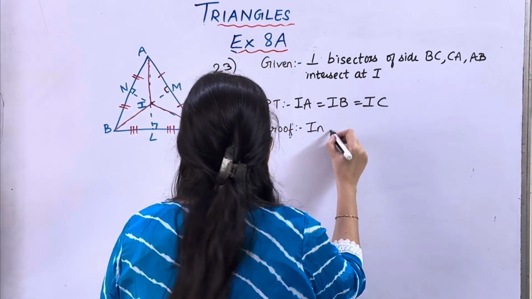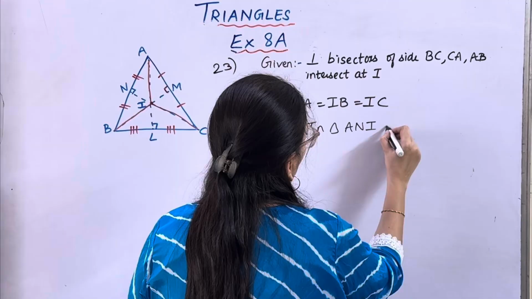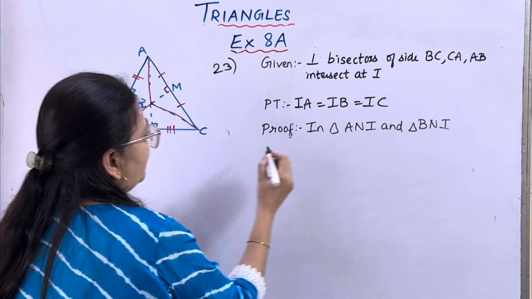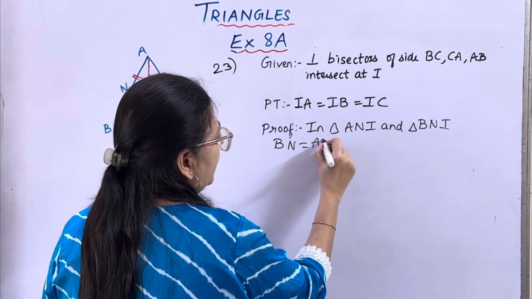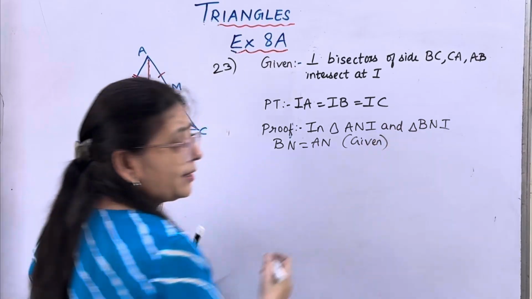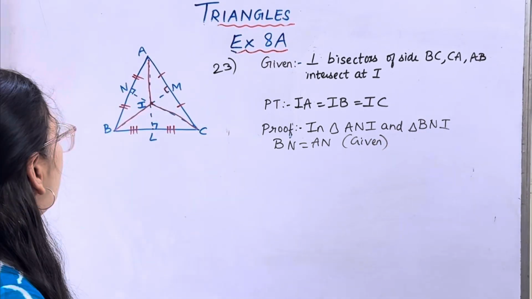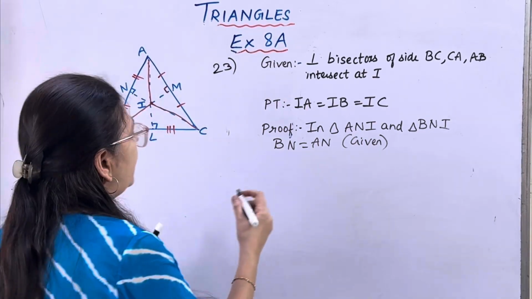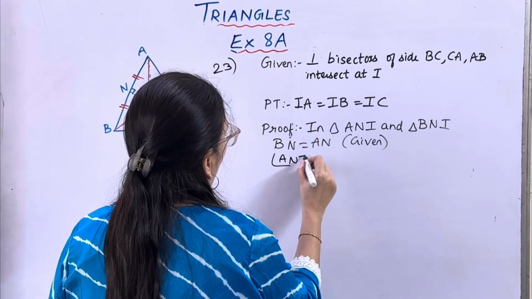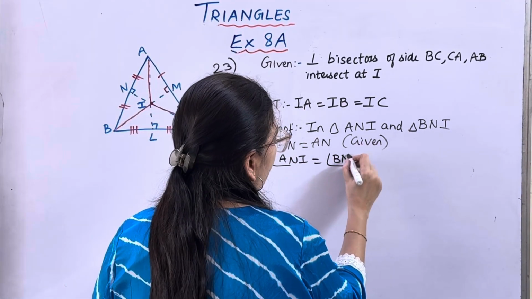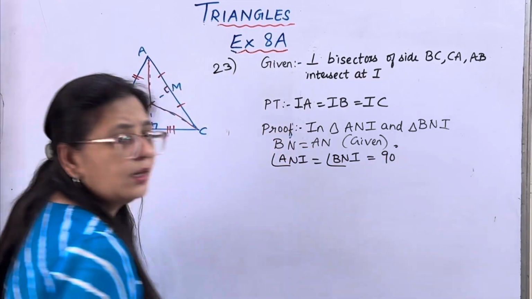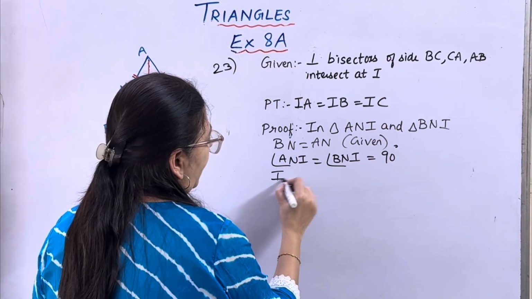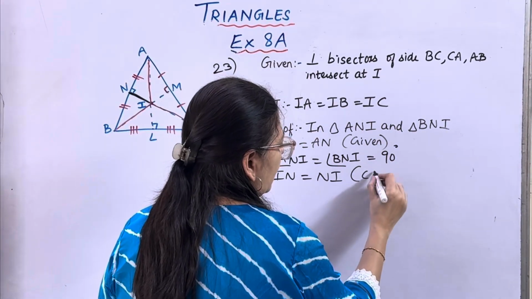So in triangle ANI and triangle BNI, first what is given? BN is equal to AN. It is given in the question since it is a perpendicular bisector. Correct? Then this angle is 90 degrees, so even this angle will be 90 degrees. So angle ANI is equal to angle BNI is equal to 90 degrees. Then this is a common side. IN is equal to NI, which is a common side.